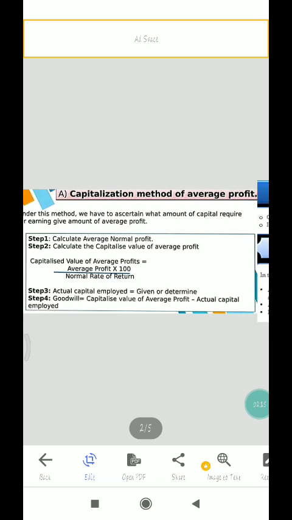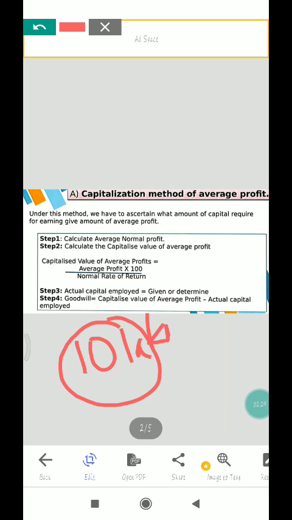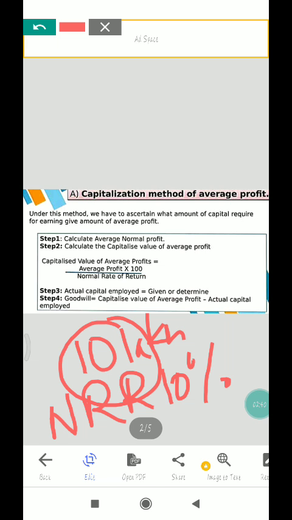Here you want to start a new business and you have to invest a capital of rupees 10 lakh, and the normal rate of return is 10%. Then what is the normal rate of return? Normal rate of return is the rate at which profit is earned by a normal business under normal circumstances.